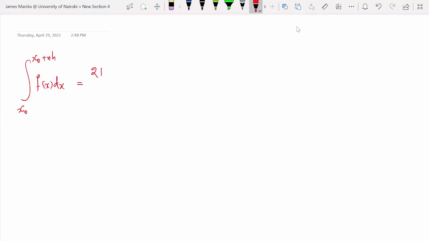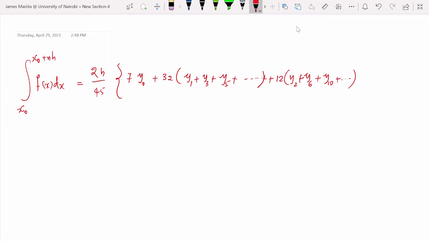This will be 2h over 45 times 7y0 plus 32 times (y1 plus y3 plus y5 and so on), then plus 12 times (y2 plus y6 plus y10 and so on), then plus 14 times (y4 plus y8 and so on).